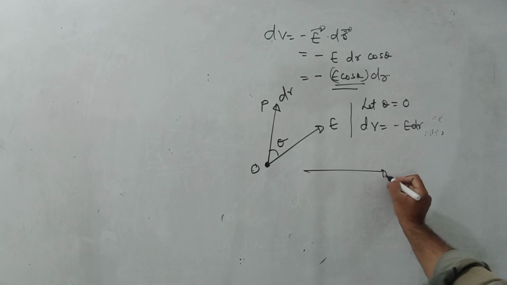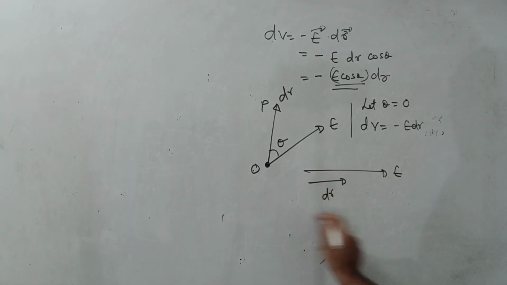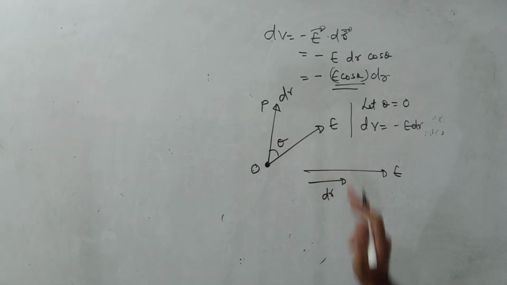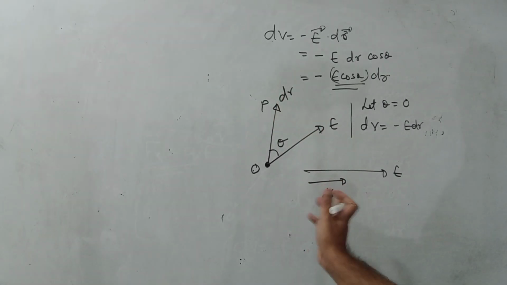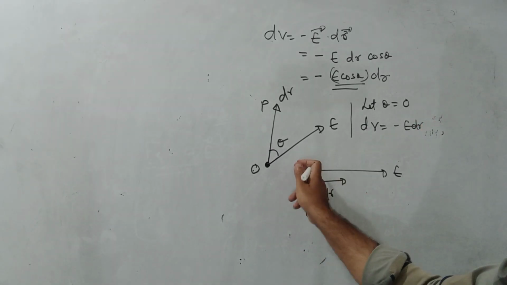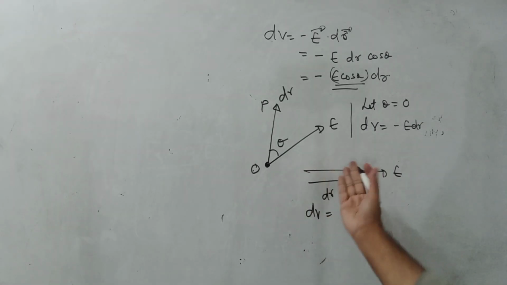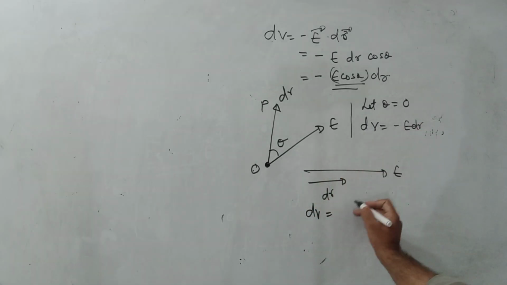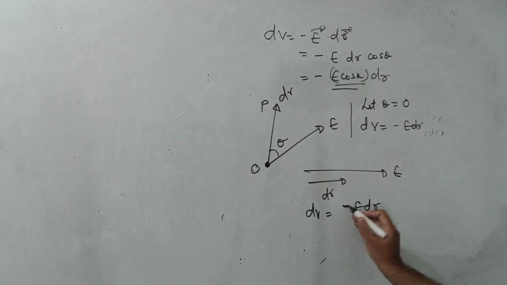So if electric field is in this direction and you are moving in the same direction, that is theta is 0, you can see here, then we don't have the component but the whole of the electric field along dr, and you can say that if you move from one point to another, then potential drop or potential difference is simply minus E dr. Minus sign is important.